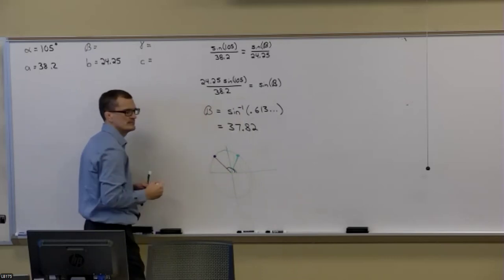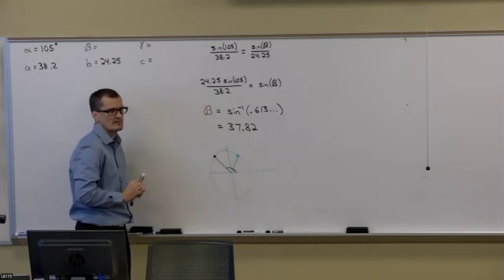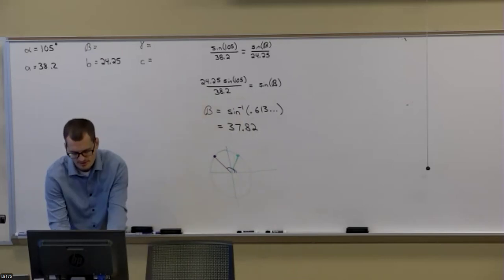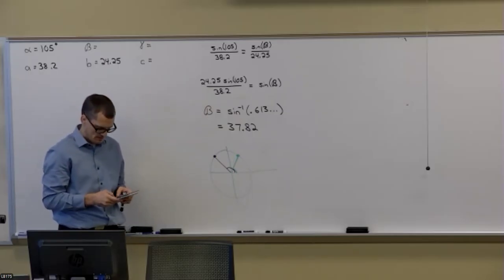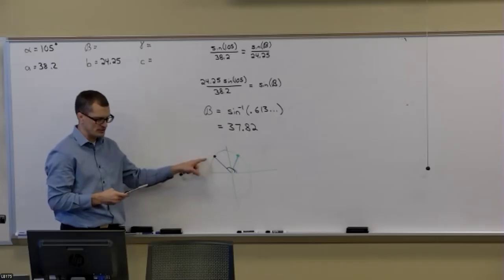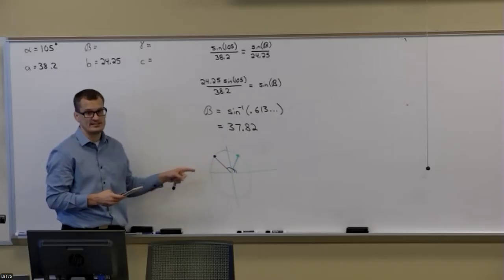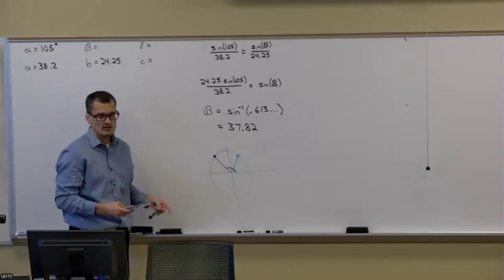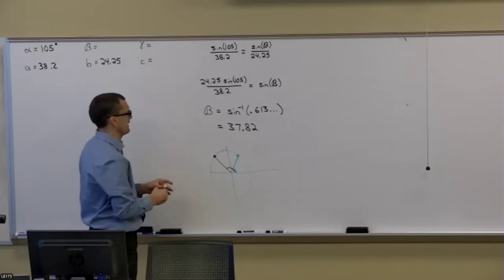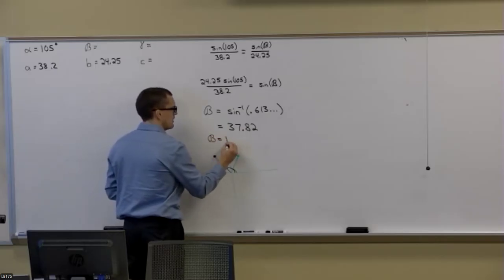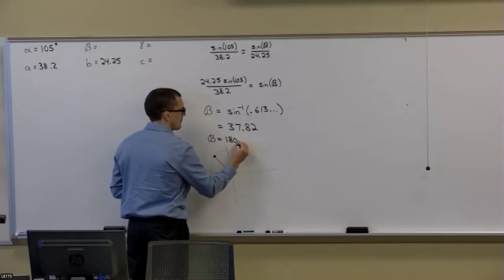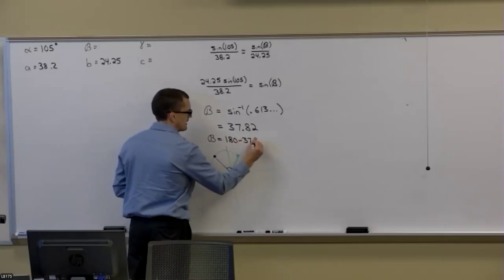That's 142.18 degrees. So the other option for beta was 180 minus 37.82.